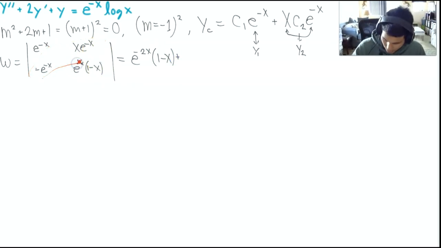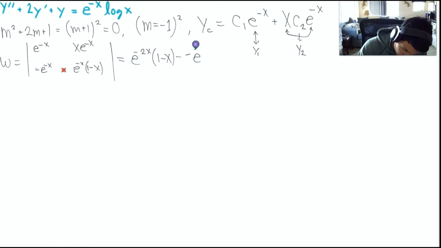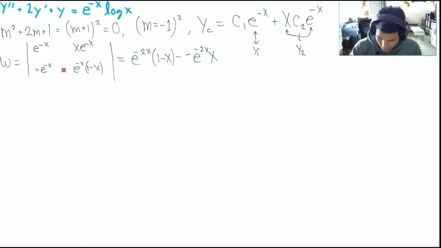I skipped a step there, I don't want to skip steps with you guys. It's this multiplied with this, minus this, so that's why I wrote the plus. So it will be a plus in the end, but I'll just write a double negative. E to the negative 2x, x. Okay, and of course we're going to simplify this real quick.